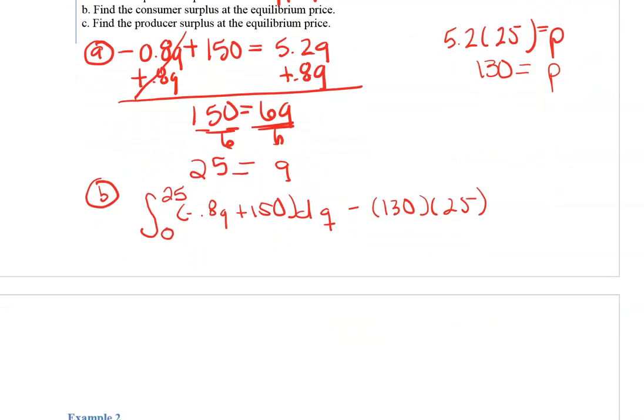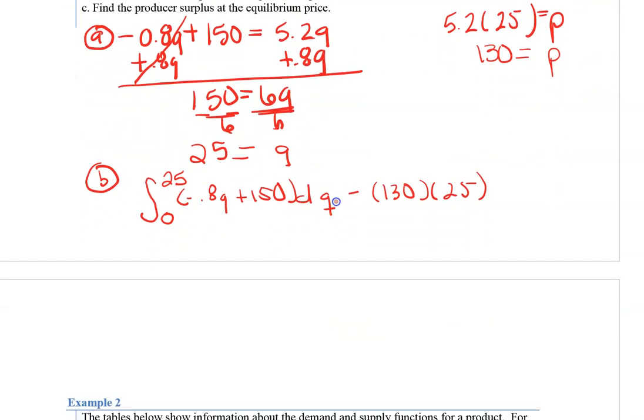So working this out, we can see that since this dq stopped here, this is the only part we're integrating, and then we're going to subtract off 130 times 25, which is a value of 3250. And then we're going to integrate this, so this is negative 0.8q squared over 2 plus 150q, integrated from 0 to 25.